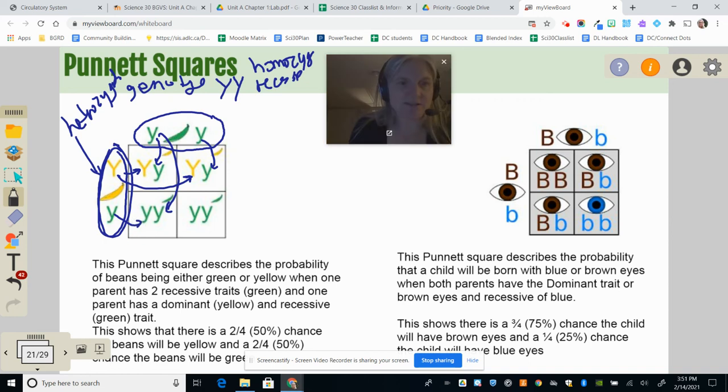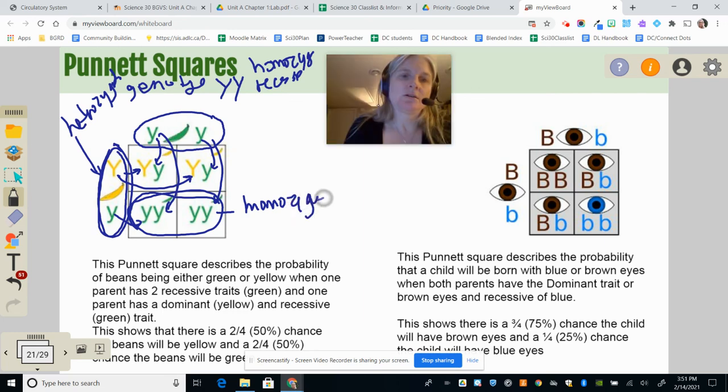Aha, this gives us a little different variety in this case. So look at that, half of the offspring are going to be homozygous recessive, or green, having the green phenotype for the green pods.